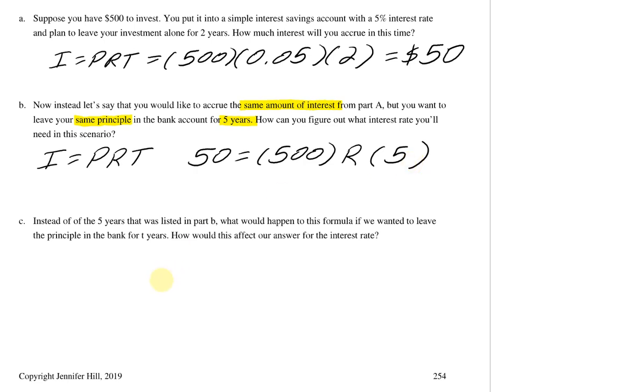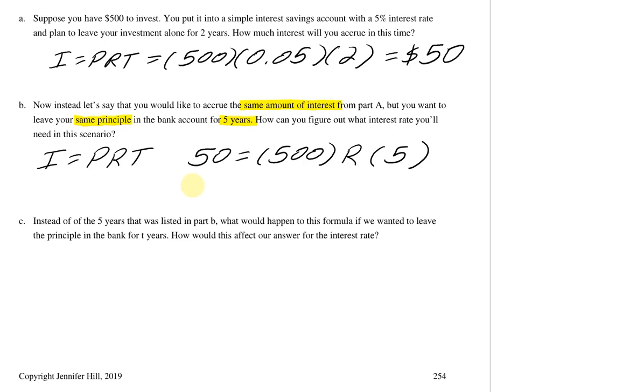So I'm following my I equals PRT and putting in what information I have, except now this formula looks very different from the last one, right? In the last one, it was nice and straightforward. We could just multiply everything together, bada bing, bada boom. This one, now we actually have to go through and solve for R, and we have the skills to do that based off of everything that we've done in the last section.